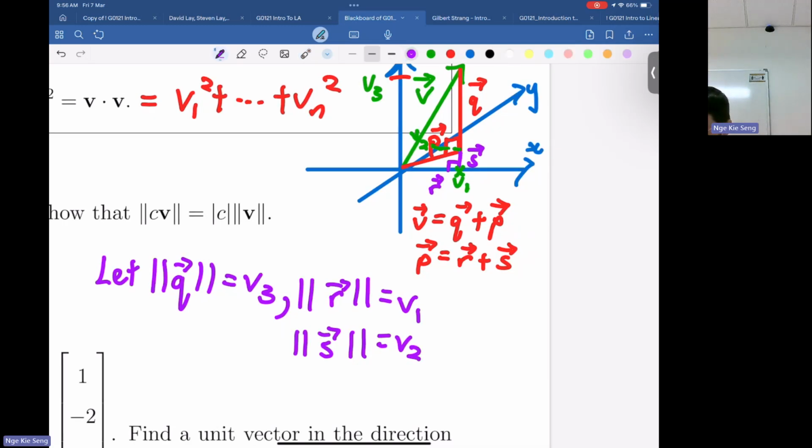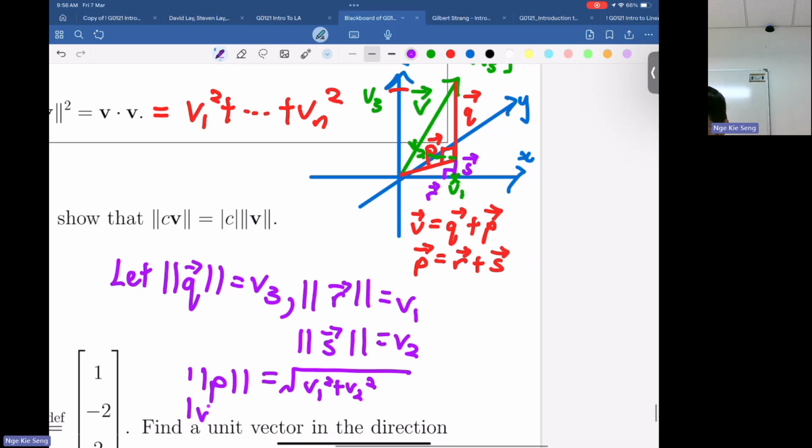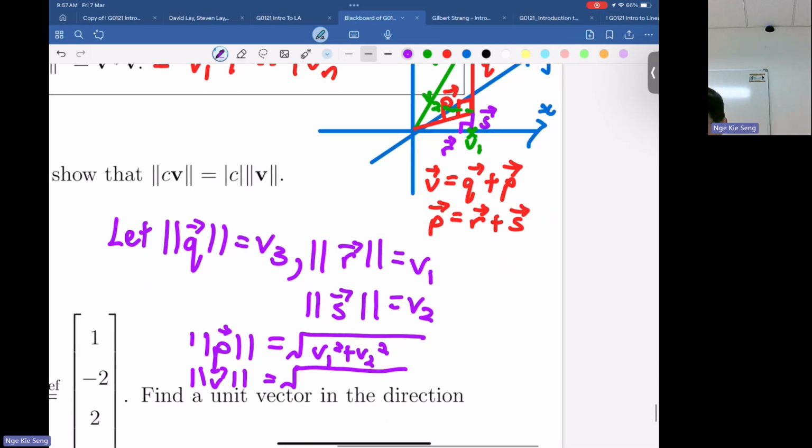So, what's the length of P here? You use the Pythagoras thing, right? It equals what? Square root of V1 square plus V2 square. But you need to figure out the length of V. Okay, length of V equals what?